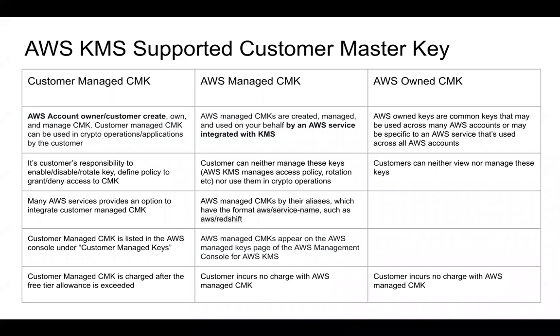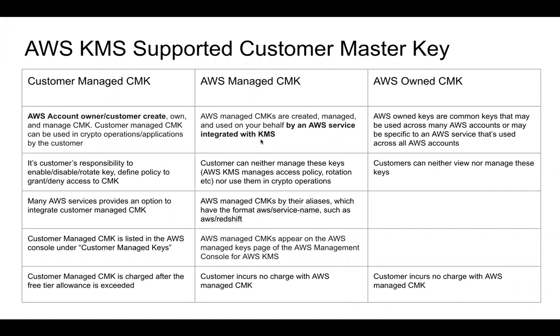Instead of using that, with the same example, you can use a customer managed CMK to do that job as well. If you want to secure or encrypt all the data in an S3 bucket using the customer managed key, you can do that. That's what the third row shows here. The AWS service provides an option to integrate a customer managed CMK, or you can use an AWS managed key.